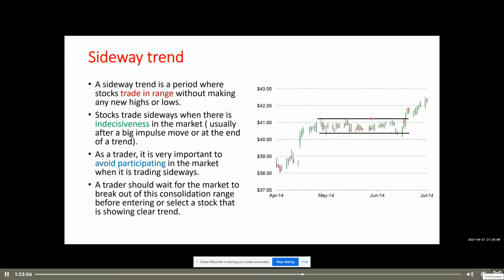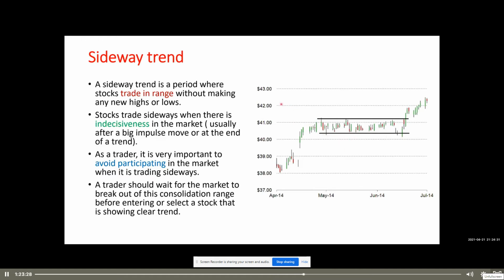Think about Amazon. How long was Amazon in that $150 range? Crazy. Amazon was still in that range. It still looks very big. It just wants to push past that 3,500, but it just can't. So stocks spend more time in ranges, and it's your job as a trader to identify when a stock is trading in range and avoid participating in that stock.